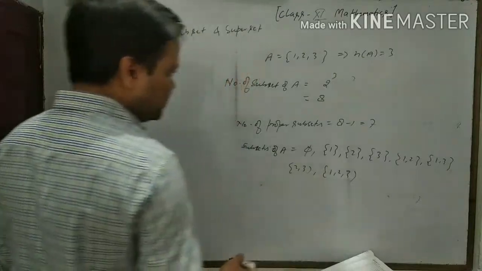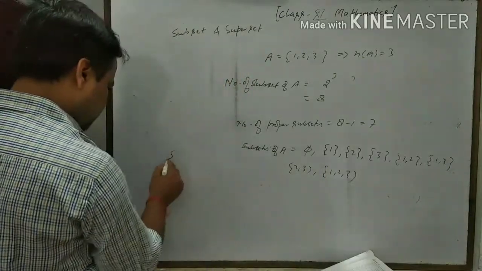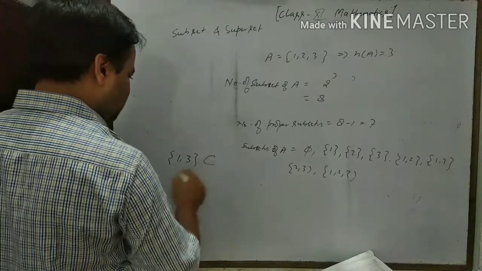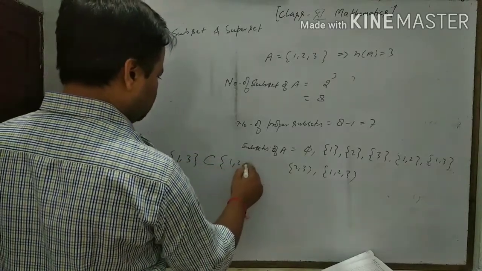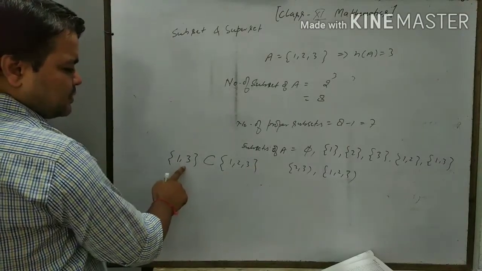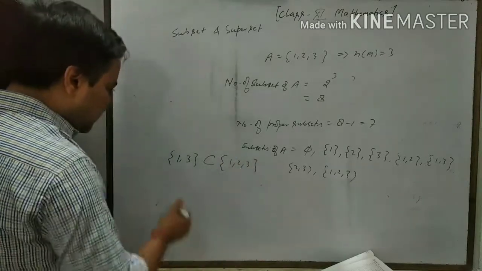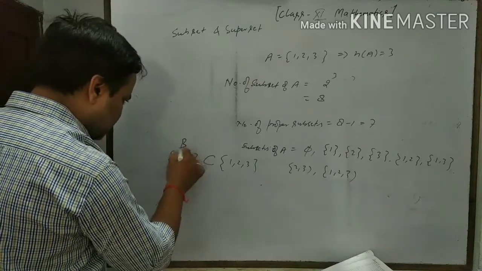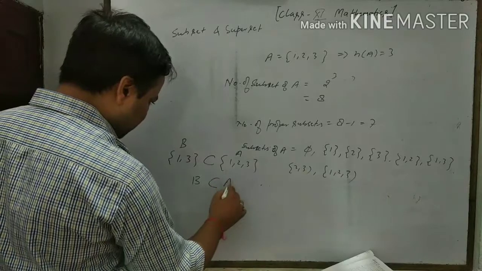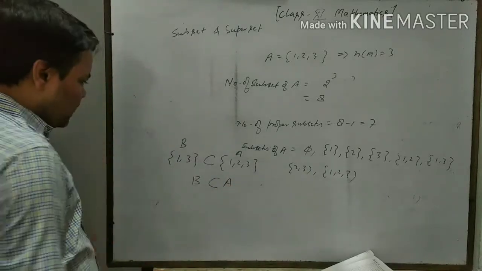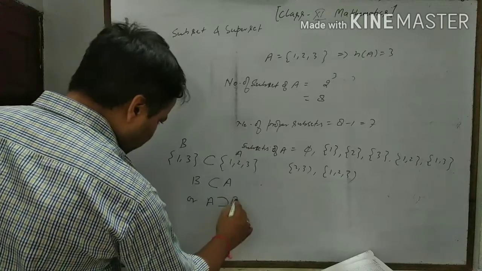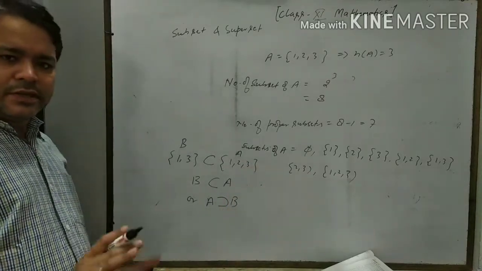So here we can say that {1, 3} is a subset of set {1, 2, 3}. Okay, this is a subset of this. If we give a name for this, just like B, and this is A, we can say that B is a subset of A, or we can say A is a superset of B. Getting?